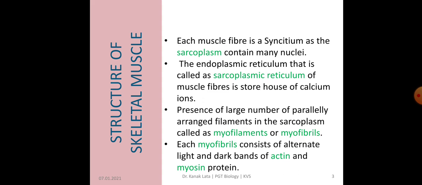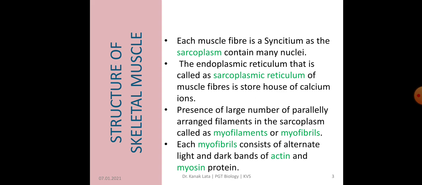Each muscle fiber consists of many nuclei in the sarcoplasm, and this condition is called syncytium. The endoplasmic reticulum, here it is called sarcoplasmic reticulum, is present in the sarcoplasm, which is the storehouse of calcium ion.